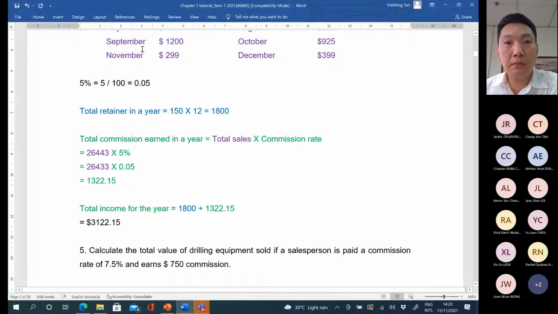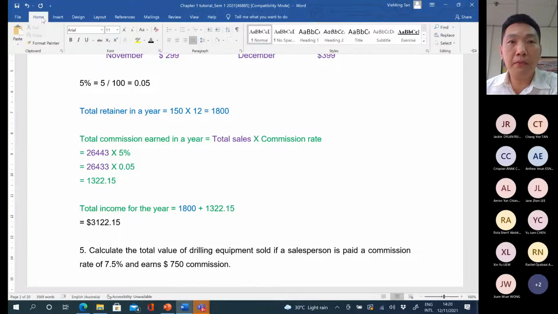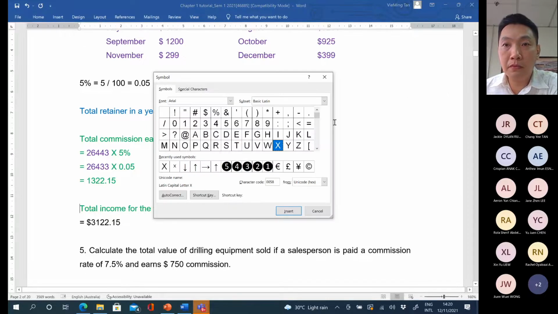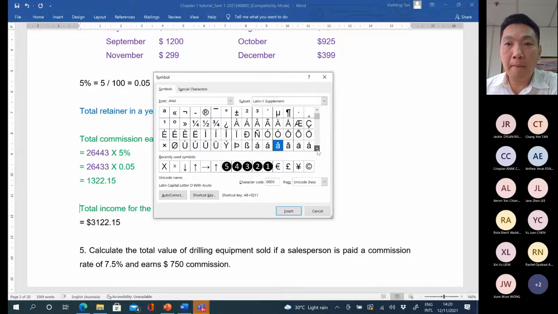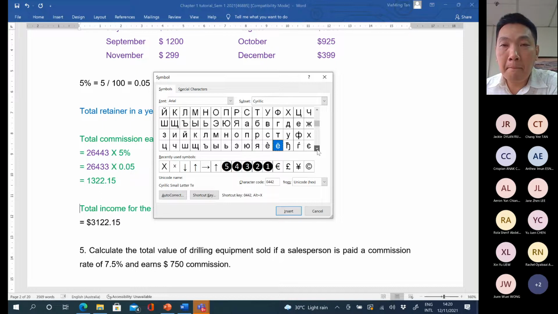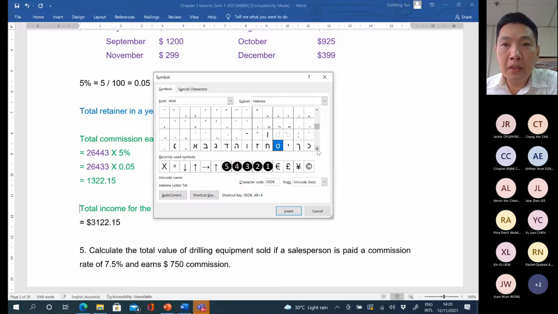Any other questions besides question 4? From exercise 5.11. Okay, 5.11. If not, we'll move on to 5.12.